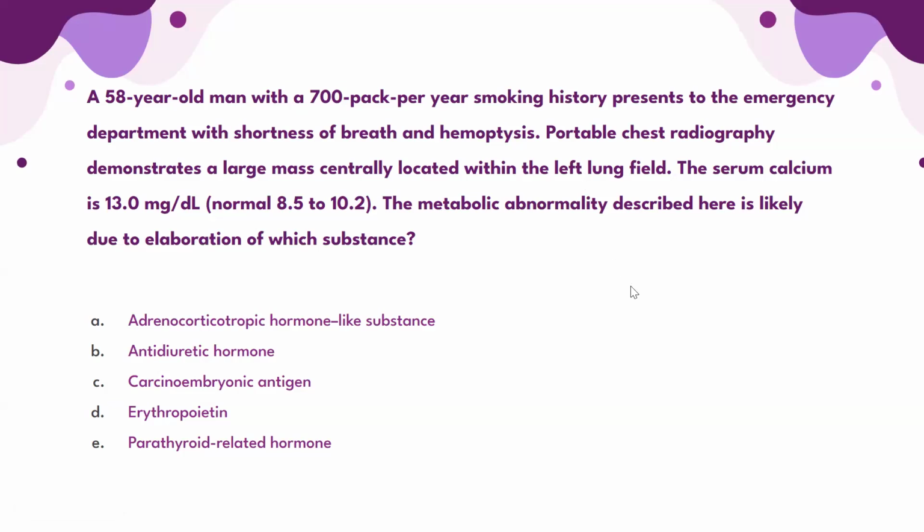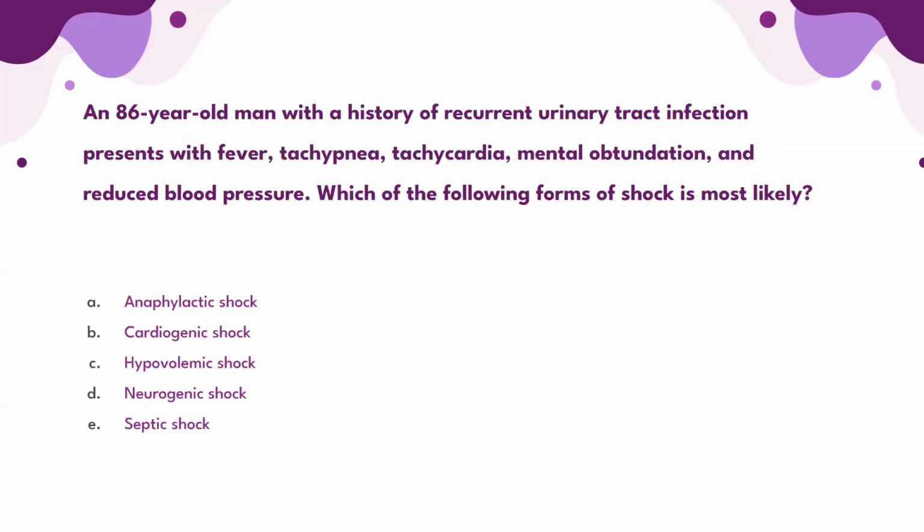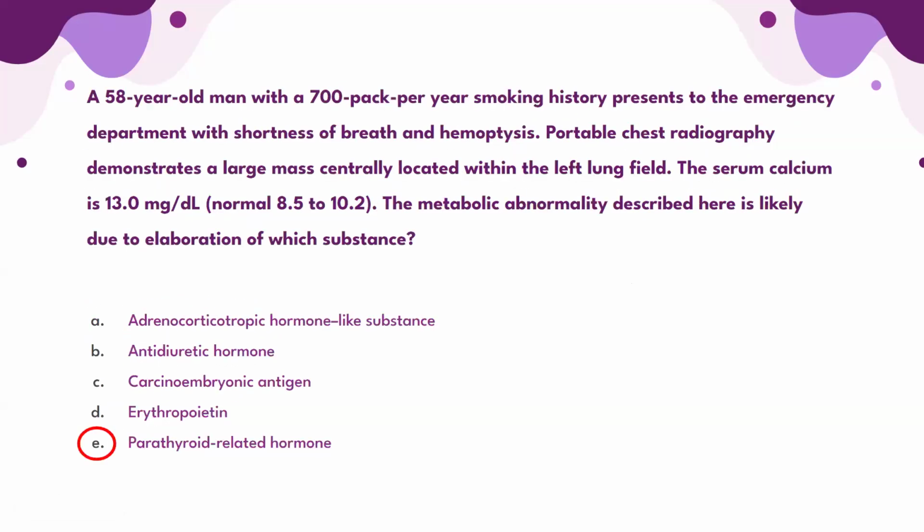Okay. Somebody said E. You're right. It's PTH related hormone. Would you be able to explain how it's E? Okay, I'll just quickly go over it. So basically, this patient has lung cancer, and it's centrally located within the lung field.